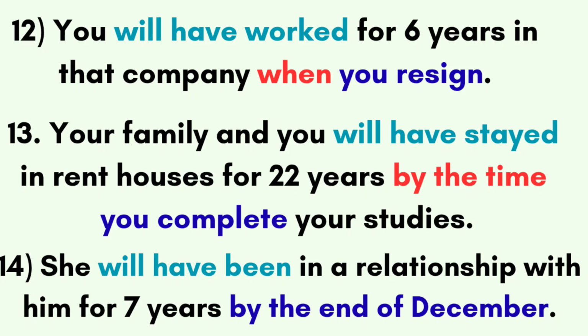In future you will be resigning from your company. Before that time, you will have worked almost 6 years in that company. You started working in the past, still continue in the present, and it will be completed in the future.